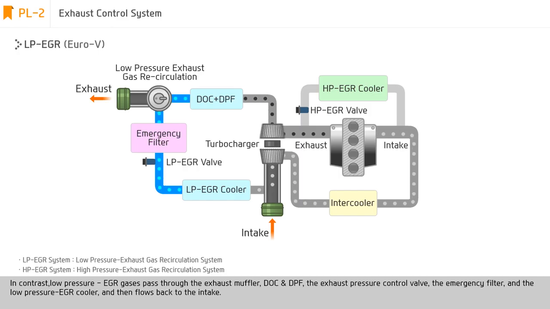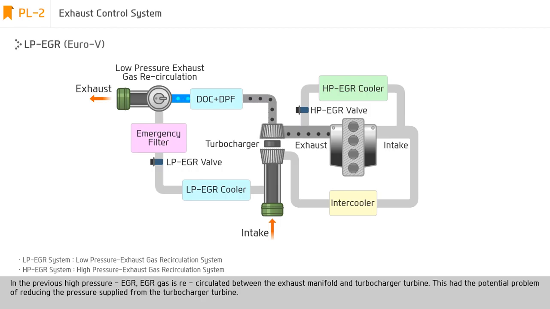In contrast, low-pressure EGR gases pass through the exhaust muffler, DOC and DPF, the exhaust pressure control valve, the emergency filter, and the low-pressure EGR cooler, and then flow back to the intake.